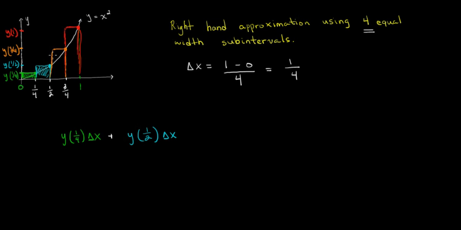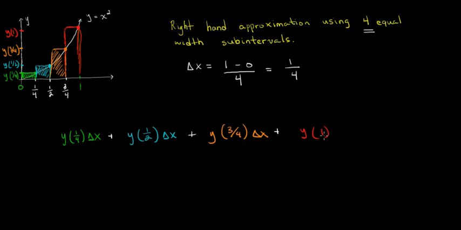And then if we just keep doing this same thing, I know it's a little tedious, but this is not too bad to do. We have y of 3/4 times delta x, and then finally we have plus y of 1 times delta x.